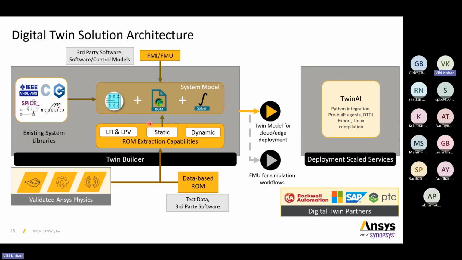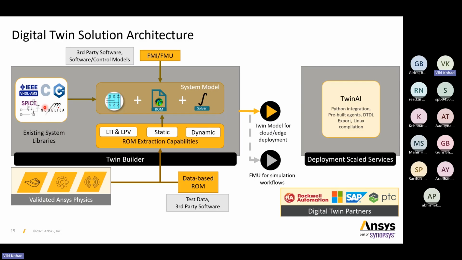Basically the ROM model is used to reduce the simulation time. And here third-party software data is also there. FMI unit, or FMU, functional mock-up interface or unit, and the existing libraries are there in ANSYS Twin Builder. I already told you like VHDL, AMS, Spice, Modelica, C, C++. These are the existing libraries.